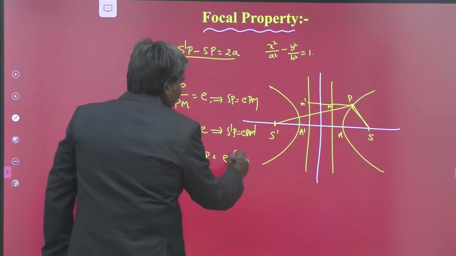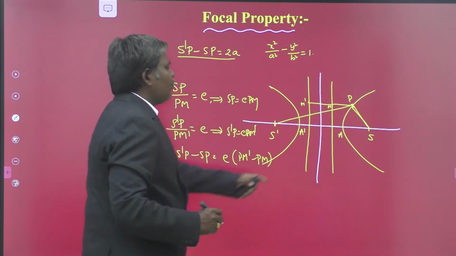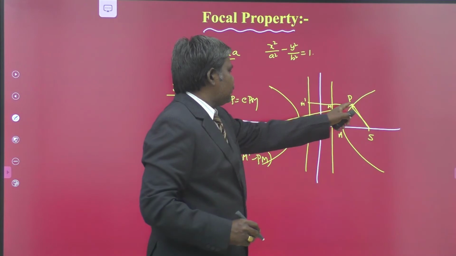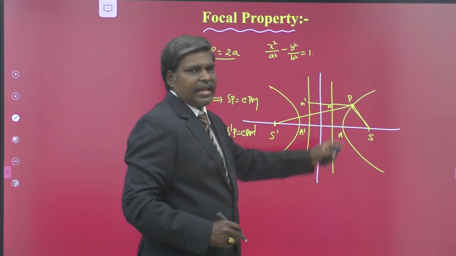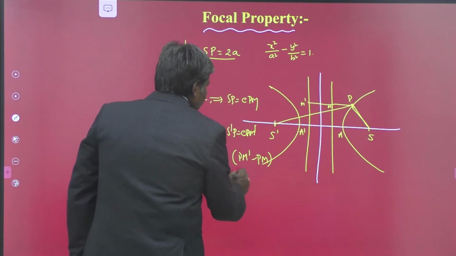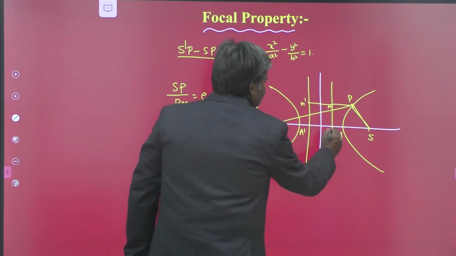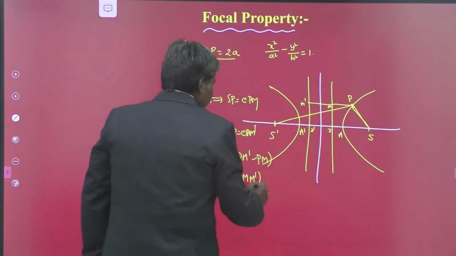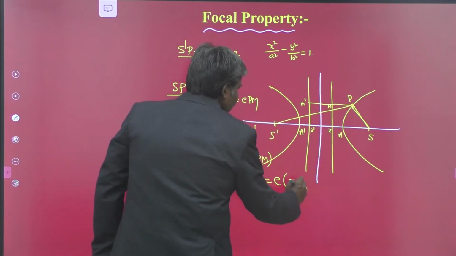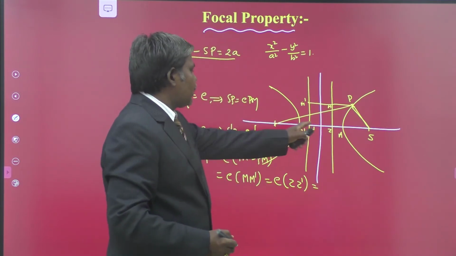E into PM dash minus PM. What about PM dash minus PM? That is nothing but MM dash. PM dash minus PM is MM dash. So E into MM dash. All of you know that MM dash is nothing but ZZ dash. That is equal to E times ZZ dash. What is the distance between the two feet of the directrices?